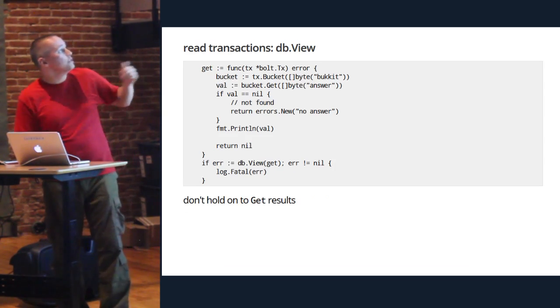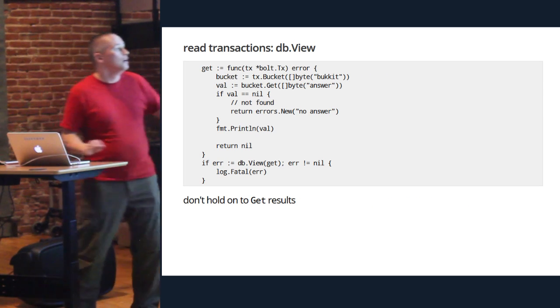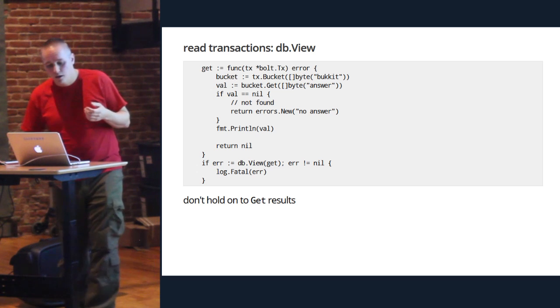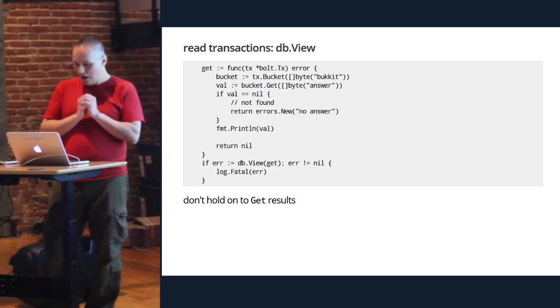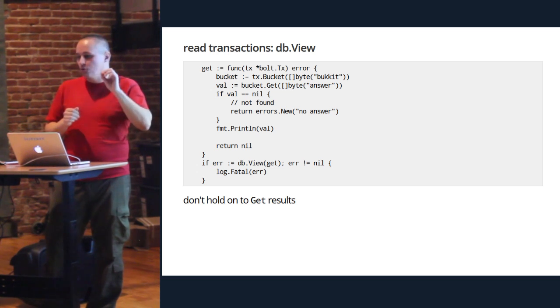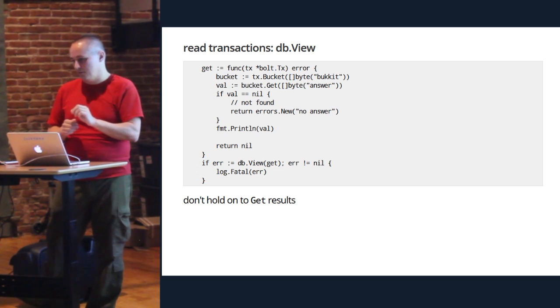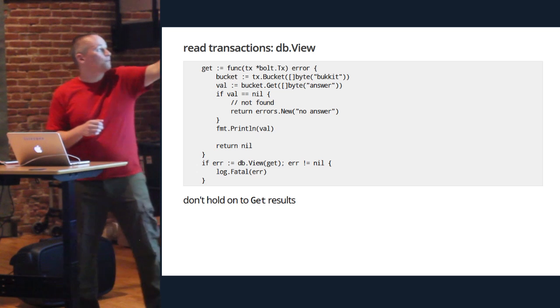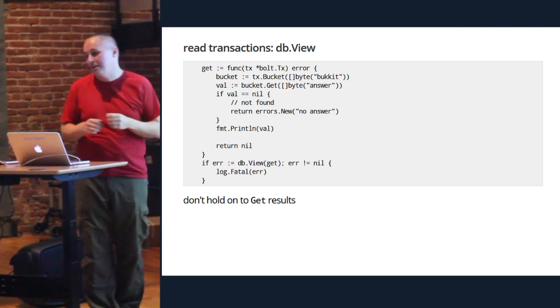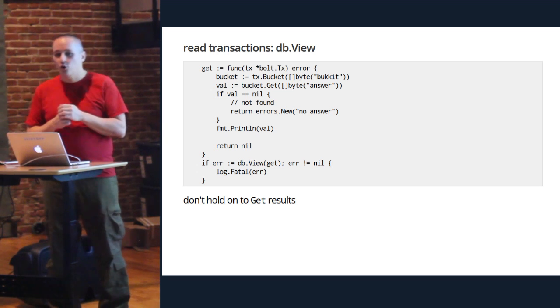And read transactions look really similar, but instead of update, we say view. The trick to know about this is that all of the things you get out of Bolt are only valid within the transaction. If you return from that function and you still hold a copy of the value you got from bucket.Get, things will go wrong.